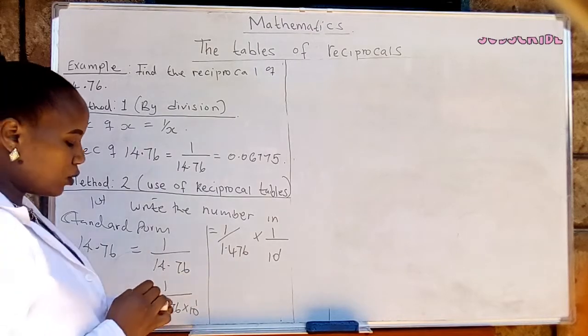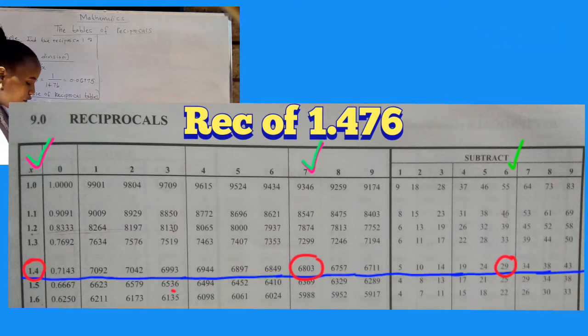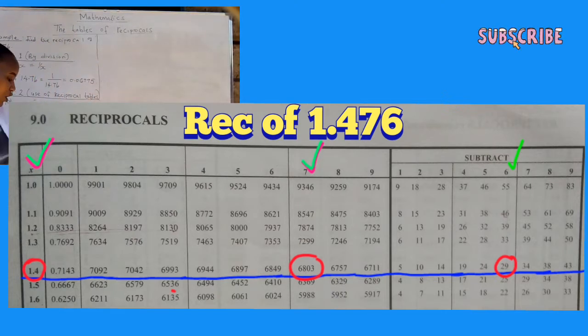So if we look at the reciprocal tables in the mathematical tables, the second step that we are going to follow is that we shall locate row 1.4 in the left hand column, and we follow this row until we are in the column headed 7.